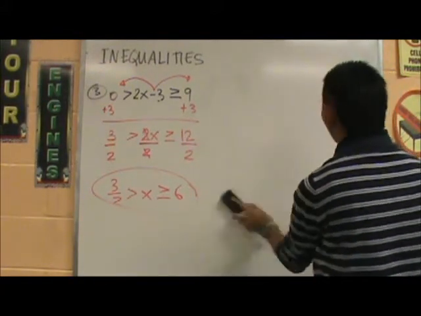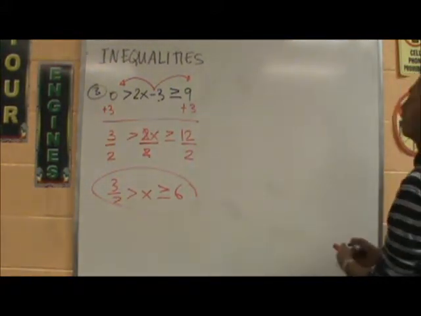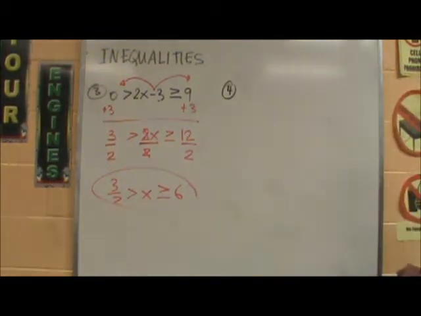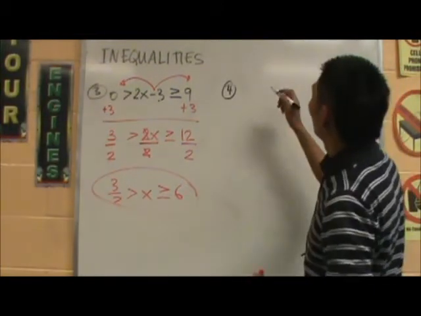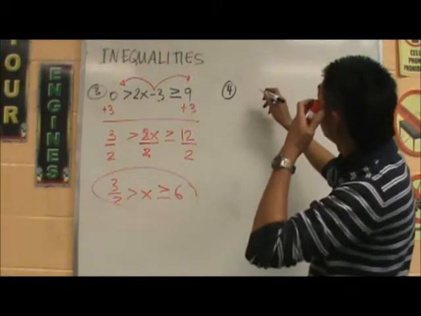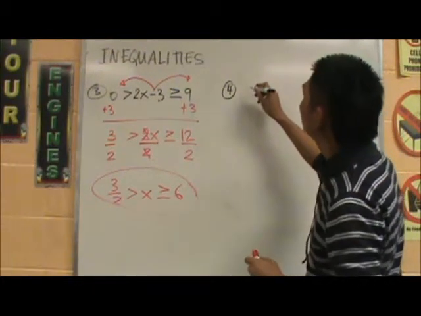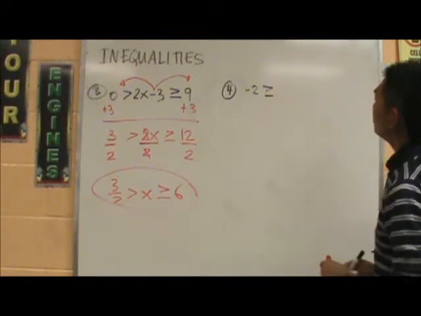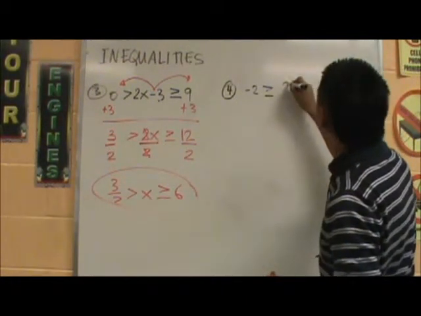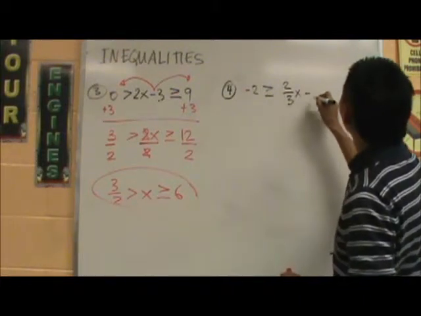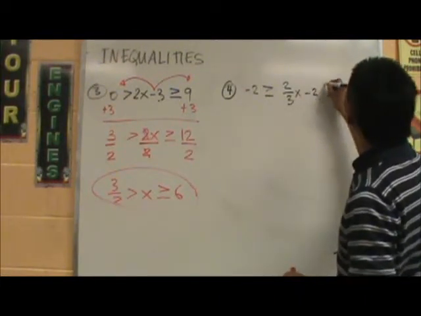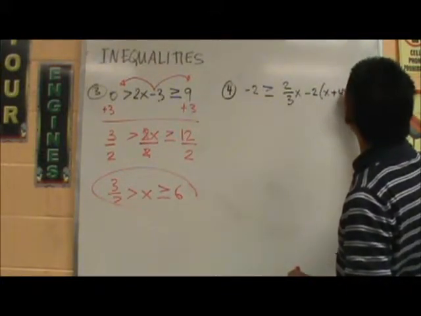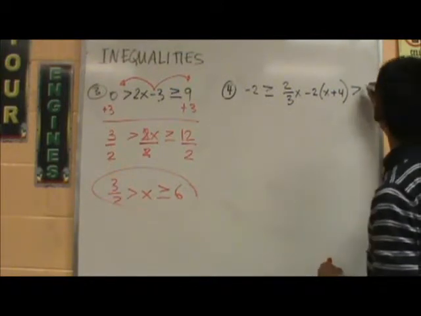Let me give you another one. Number 4. How about if you have 9, let's say negative 2, over 3 times x minus... there you go.